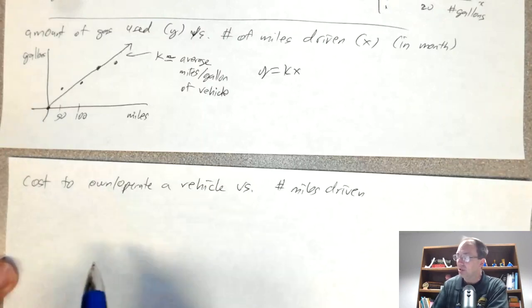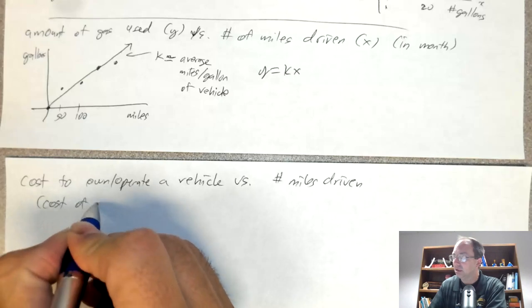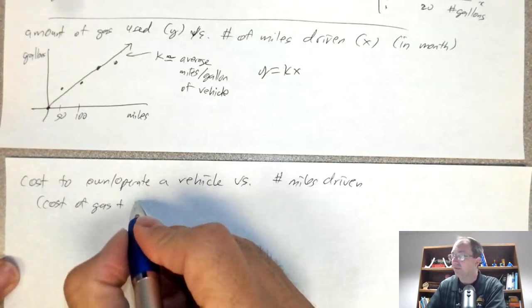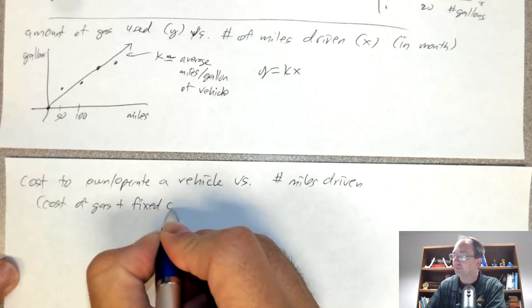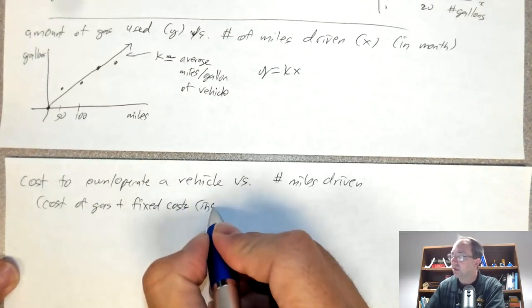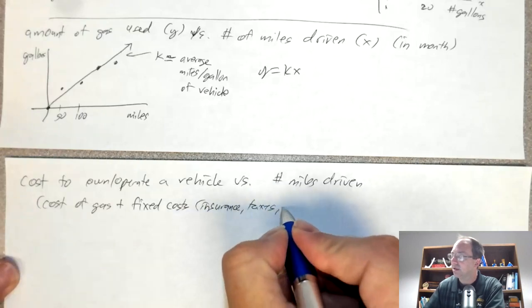So keep in mind, cost to own and operate, that certainly includes the cost of gas, but it also includes fixed costs. For instance, insurance, taxes, etc.